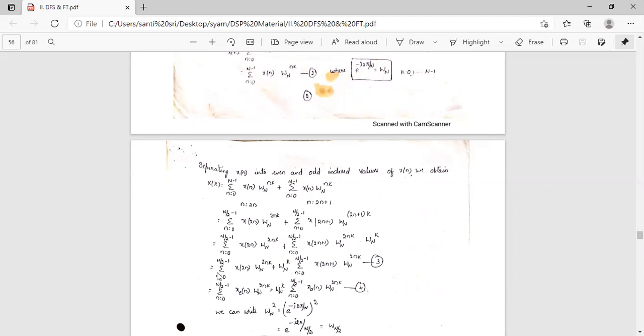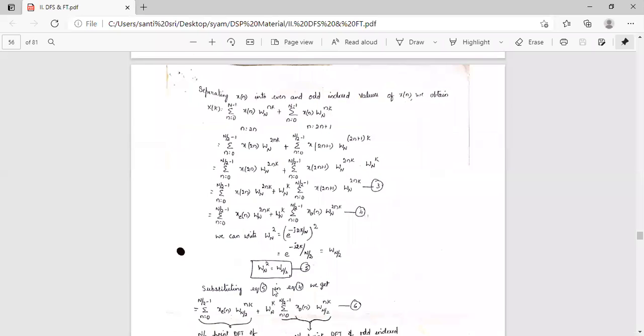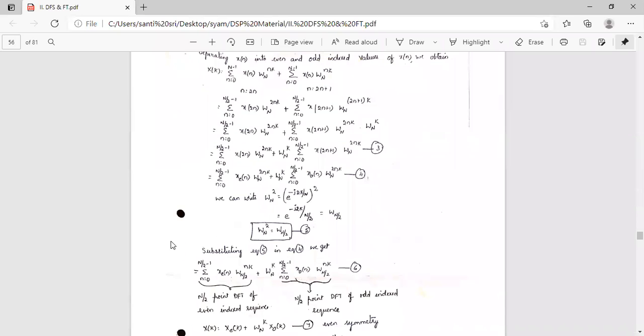So that it will become sigma n equal to 0 to N by 2 minus 1, xe of n into W_N by 2 power nk, plus W_N power k into sigma n equal to 0 to N by 2 minus 1, xo of n into W_N by 2 power nk.